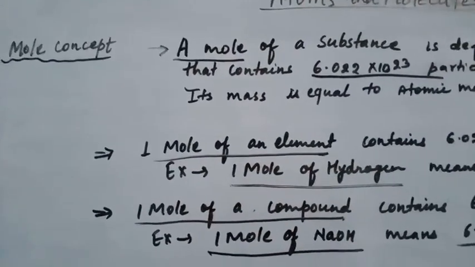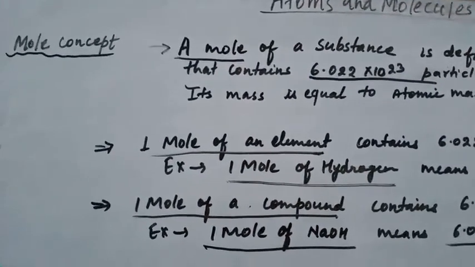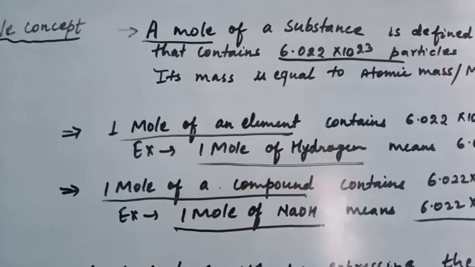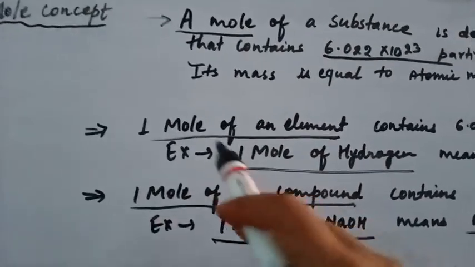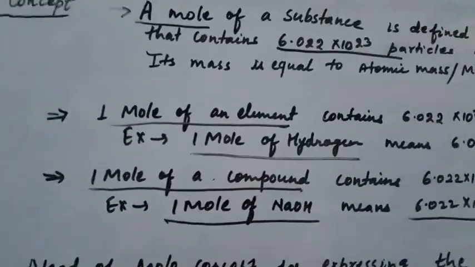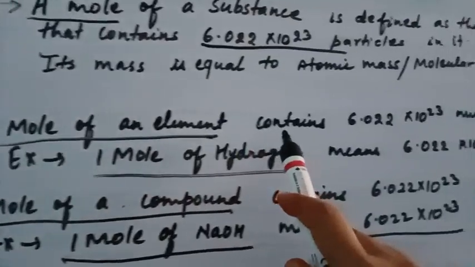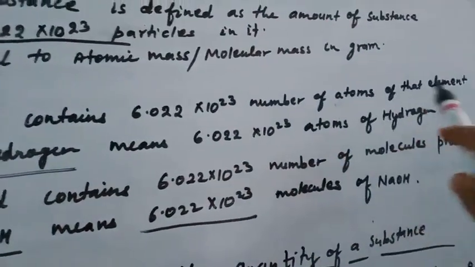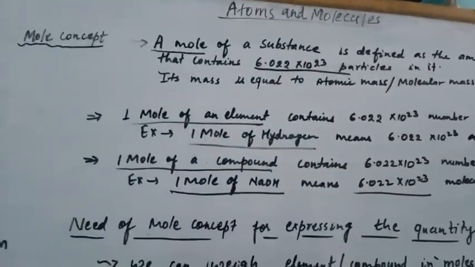Okay. So if we talk about a mole in terms of a compound or in terms of the element, how will we see here? If we talk about 1 mole of an element, that means it contains 6.022 into 10 to power 23 number of atoms of that element.